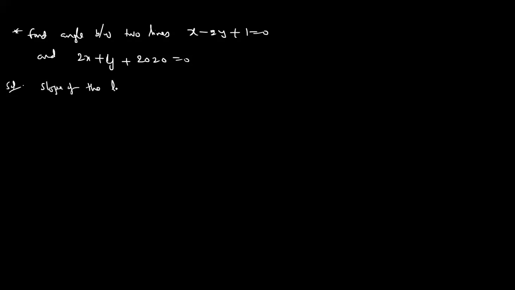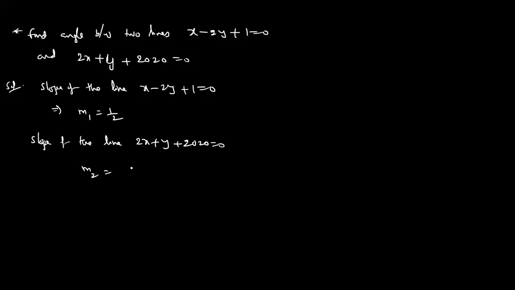So the slope of the first line is how much? Anyone? 1 by 2. The slope of the line 2x plus y plus 20 is equal to 0, what is m2? Anyone? Minus coefficient of x, so how much? Yes, minus 2. Yes, absolutely correct.